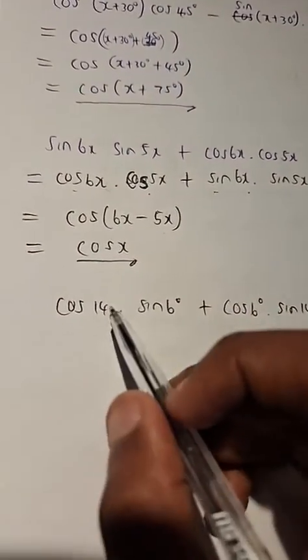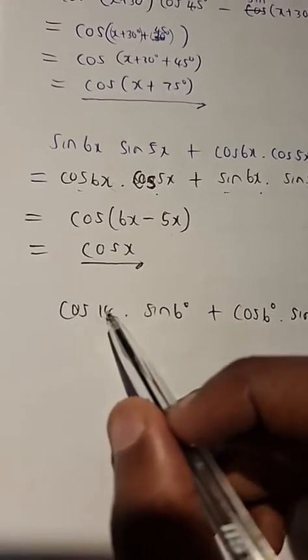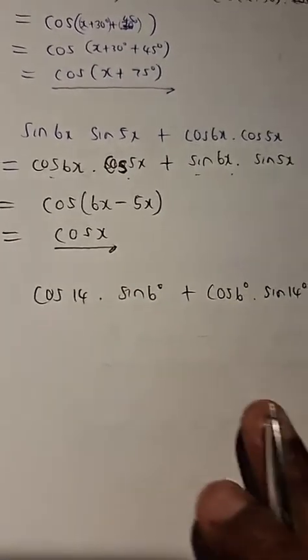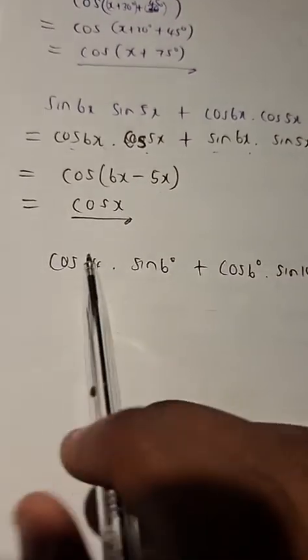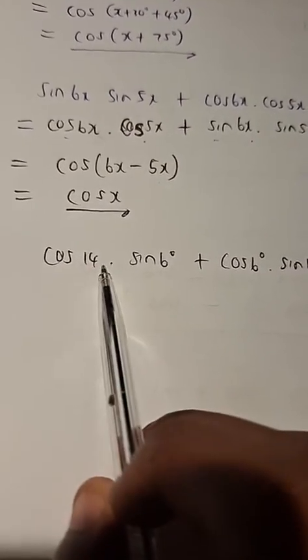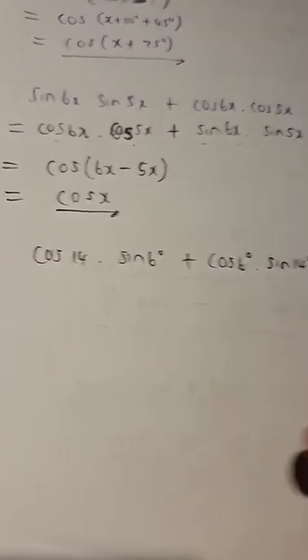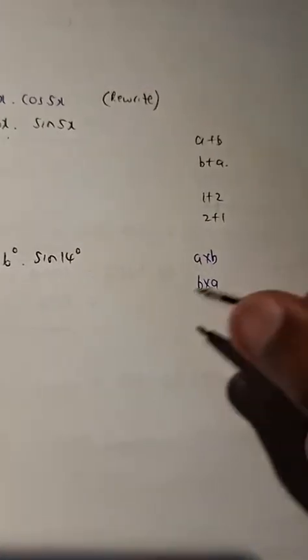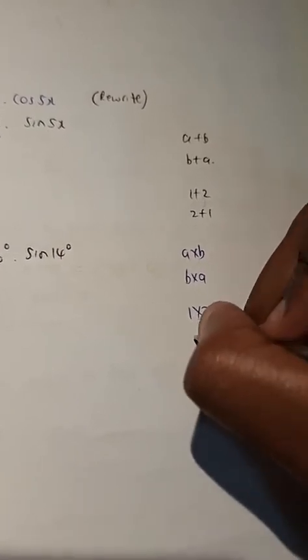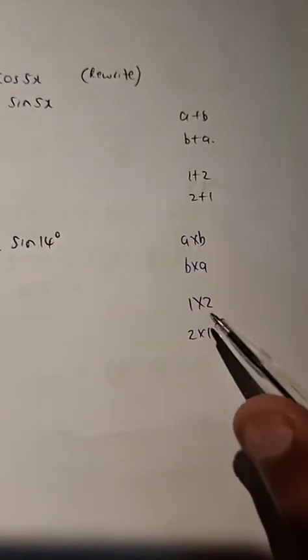What I'm going to do is swap around the cos 14 and the sine 6. The reason I do that is because multiplication is also commutative. In other words, A times B is the same thing as B times A. 1 times 2 is the same thing as 2 times 1. What you get is the same.